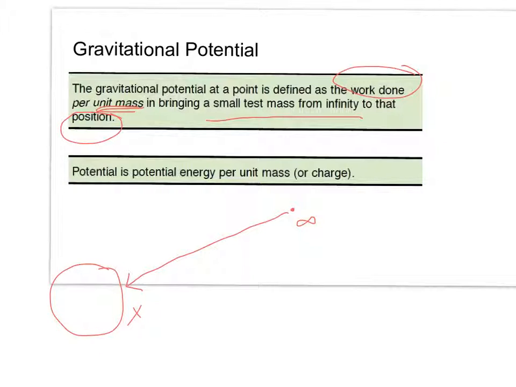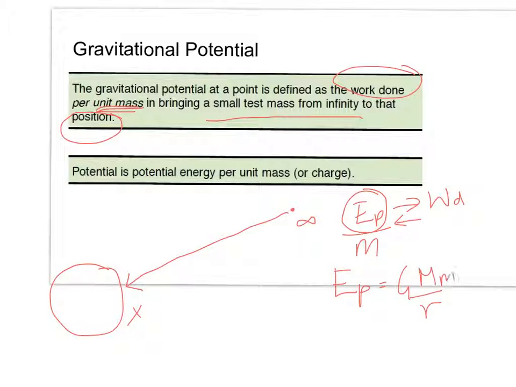Now what is different about this is that it's the potential energy over the mass of the object. The work done, remember, and the potential energy are equivalent to each other. So I'm referring to potential energy because that's the expression we have just been working with.